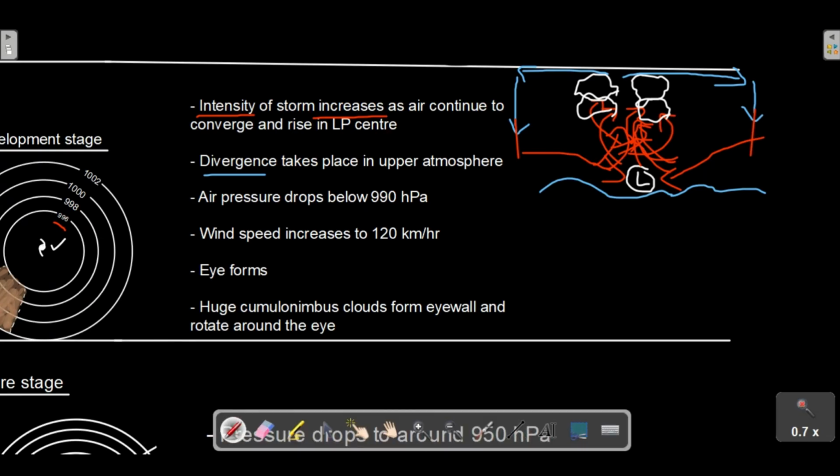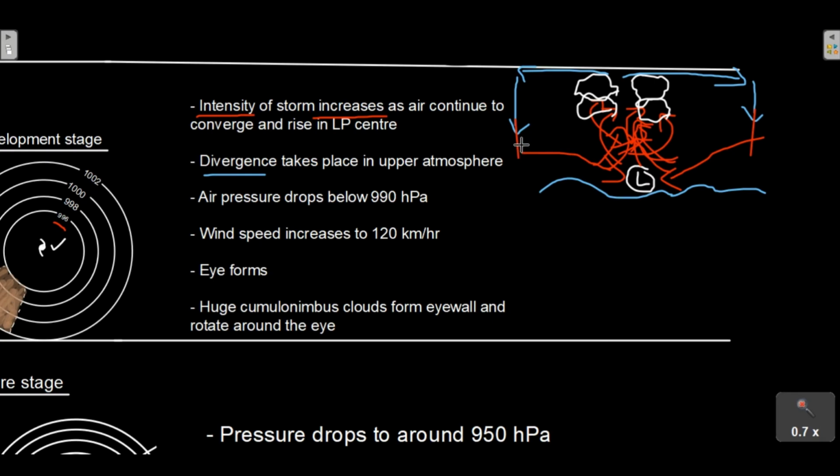This is what we call adiabatic warming, and hence again they move towards this low pressure. So now, as you can see, you have this cell that you have created, this side view circulation that you can see here. This promotes the growth of the tropical cyclone.